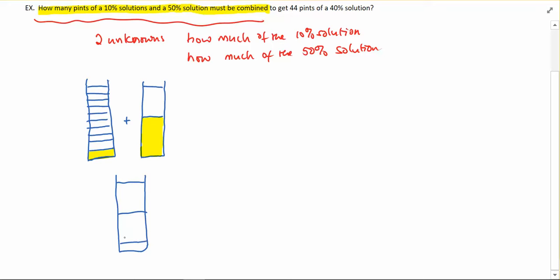That's 4 out of 10 in it, right? And it's possible because after all, this 10% one's more dilute than the 50% one. We should be able to pour stuff in and so on.